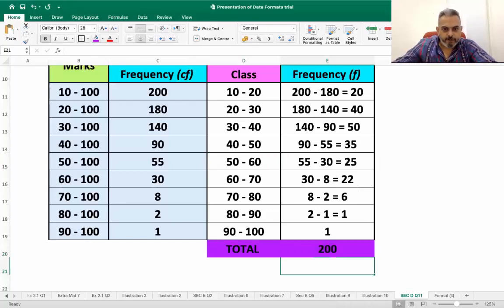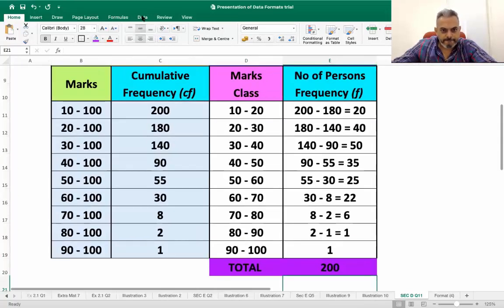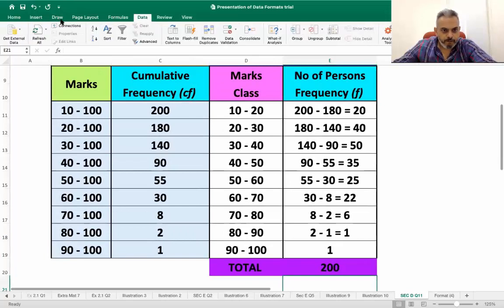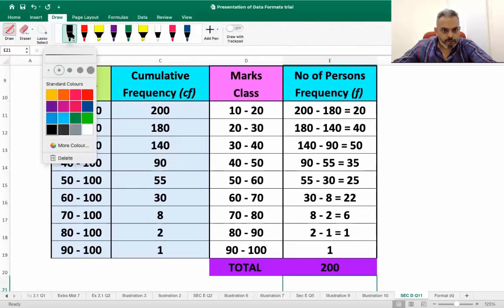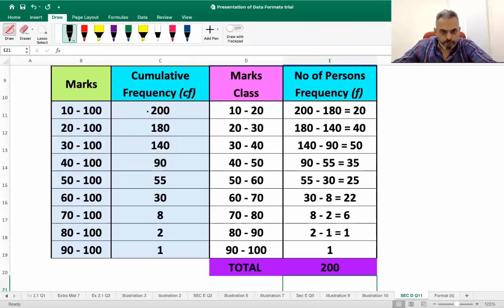I'll do the markings over here, how we did the subtraction: 200 minus 180, 180 minus 140, 140 minus 90, 90 minus 55, 55 minus 30, 30 minus 8, 22, 8 minus 2, this 6, and 2 minus 1, this 1, and 90 to 100 already 1.